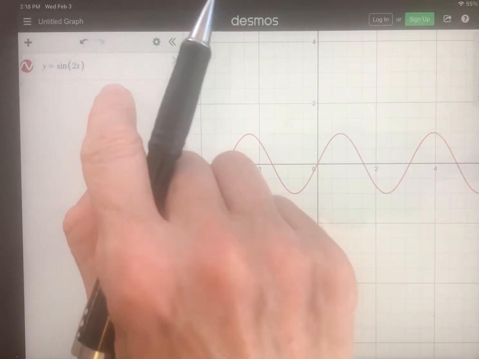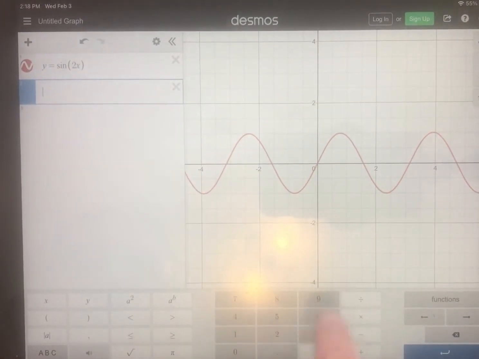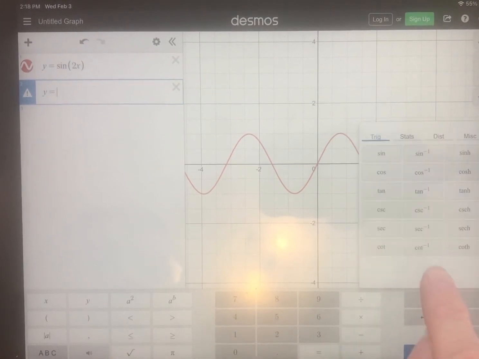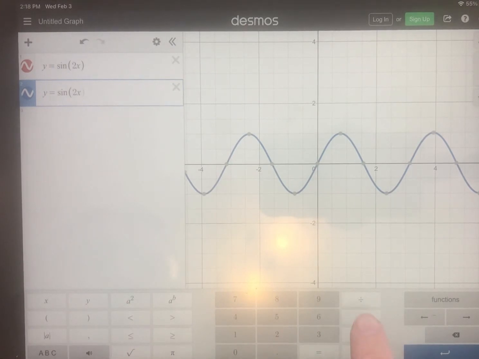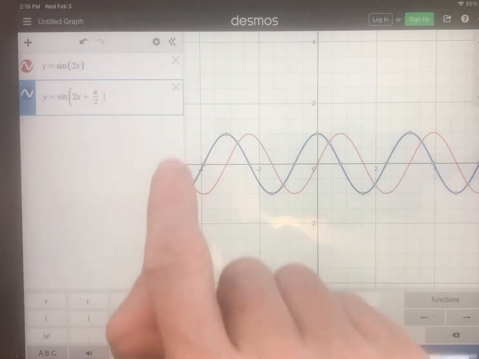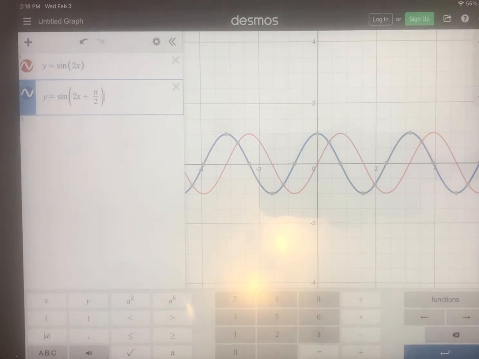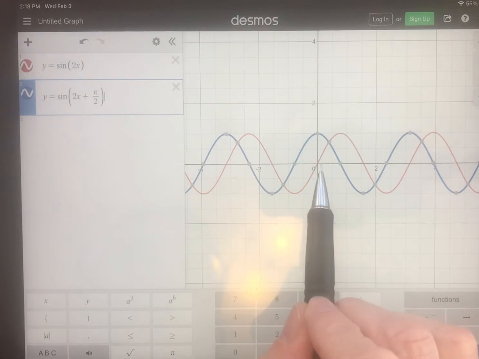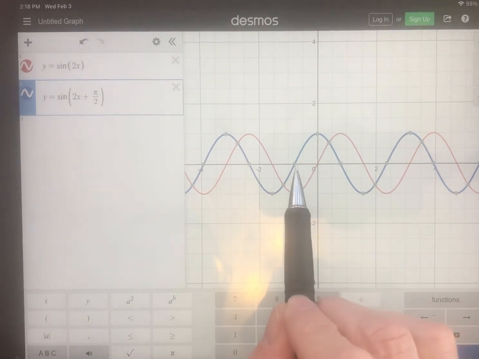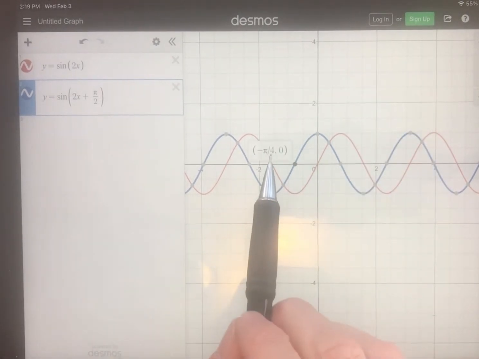Okay, then we said, all right, let's do an adding of pi over 2 within the sine function. So we have the sine of 2x plus pi over 2. And there it is. Okay, so the blue one is the shift. Now take a look here again. The starting point was here. It shifted to the left right there, pi over 4 units.